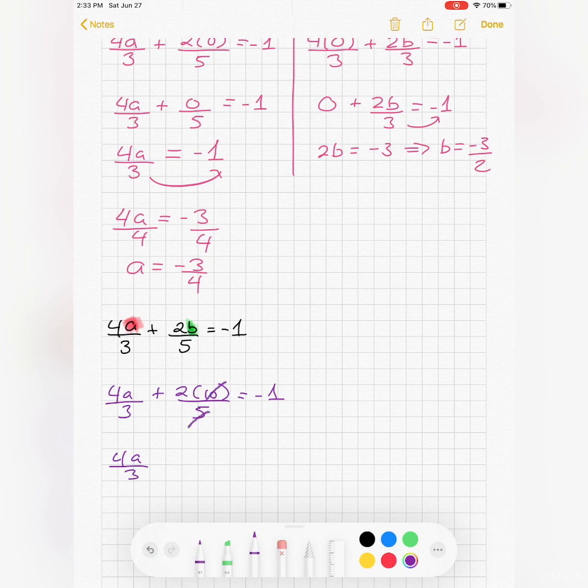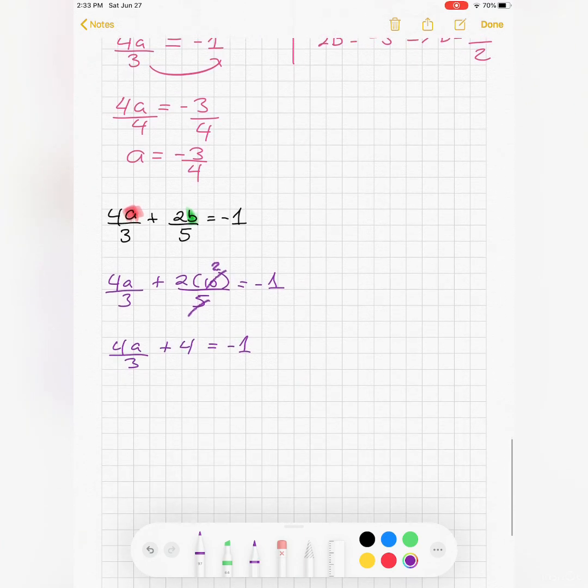Let's see, 10 and 5 leaves 2. 2 times 2 is 4. Subtract the 4. Negative 5. Multiply by 3 and divide.